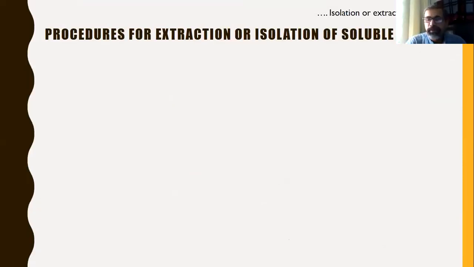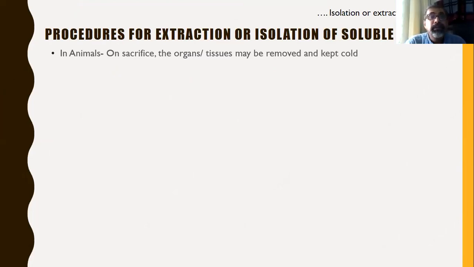Now, what are the procedures? The general procedures involved in the extraction or isolation of the soluble enzymes. As I told you, since we are dealing with plants, but generally, the source may be an animal, a microorganism, or a plant.